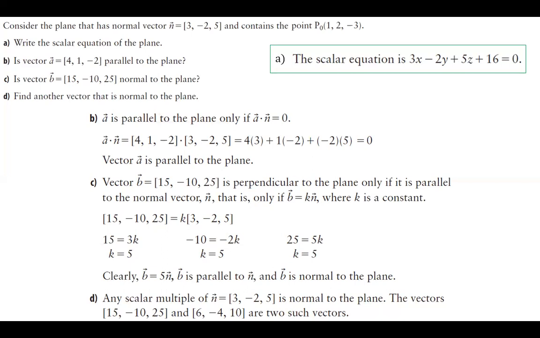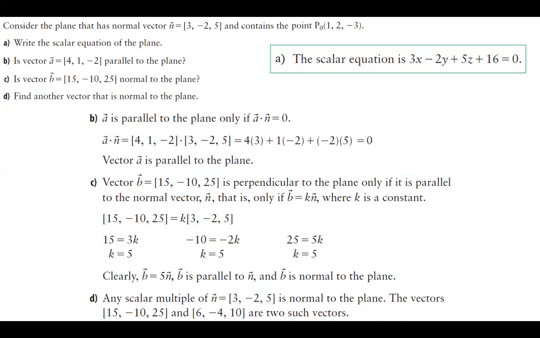So let's try to solve the system to find if there is any possible solution. That means (15, -10, 25) equals k times (3, -2, 5). So 15 equals 3k gives us k equals 5. -10 equals -2k gives us k equals 5. 25 equals 5k also gives us k equals 5. Therefore, when k is 5, B can be expressed as 5n, right?